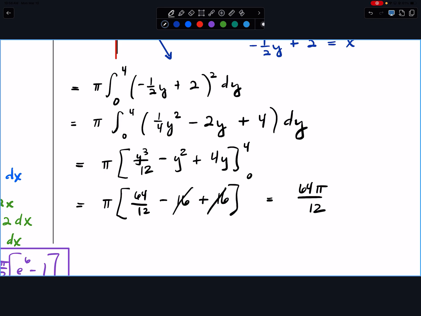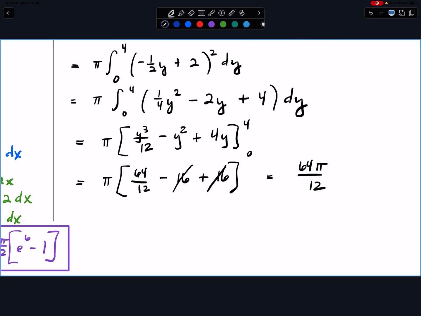And then if I want to reduce this more, I could, because what goes into 64 that also goes into 12? 4? How many times does 4 go into 64? 16. How many times does 4 go into 12? 3. So the exact volume of this shape is 16 pi over 3.